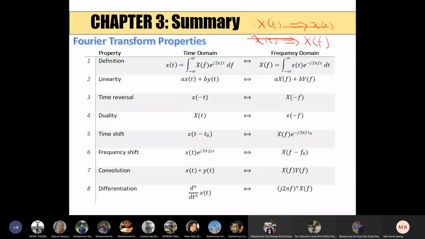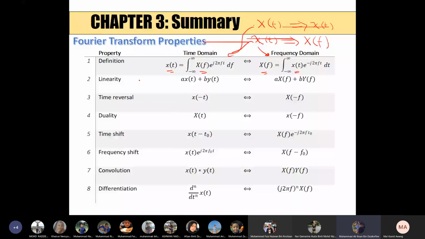So this part is this, and vice versa. Okay? This part is this, this part is this. So basically, given x of t, you can find x of f. Given x of f, you can find x of t. So this is the definition of Fourier transform.